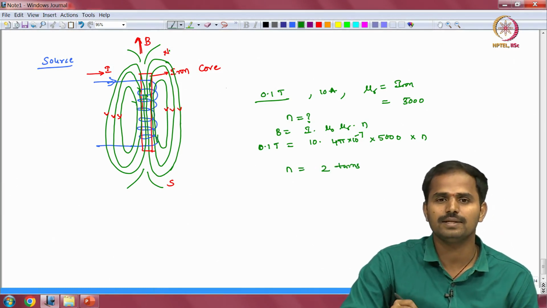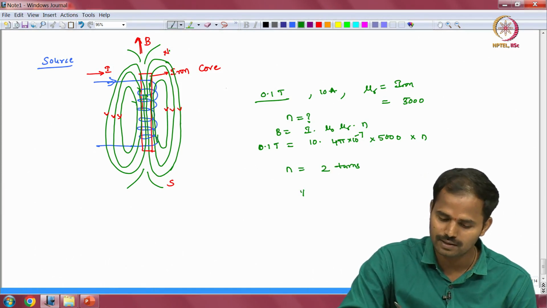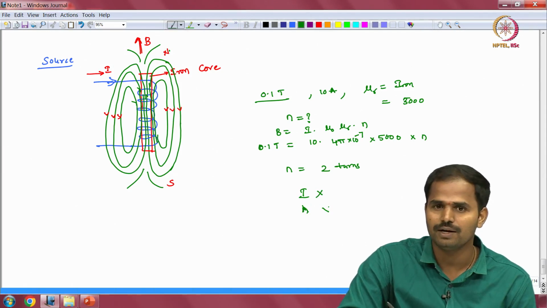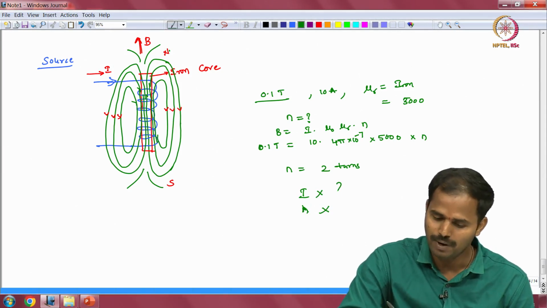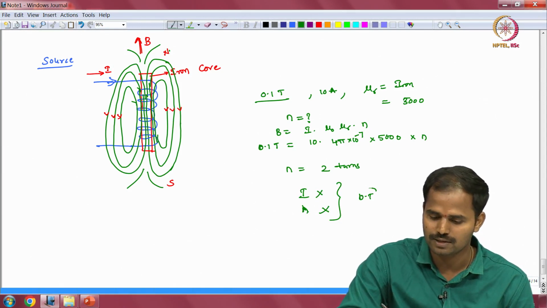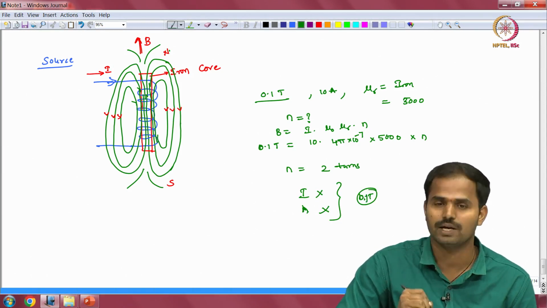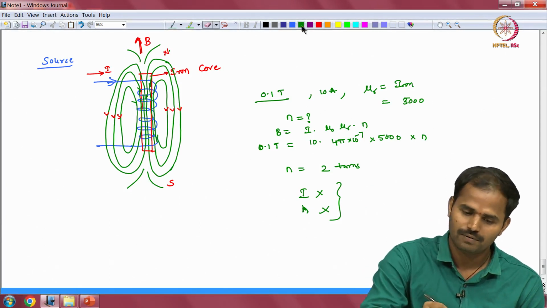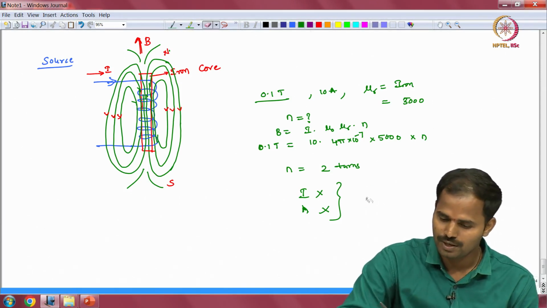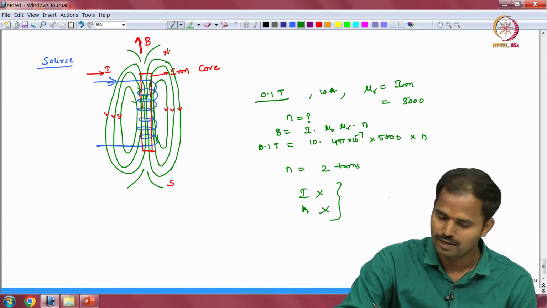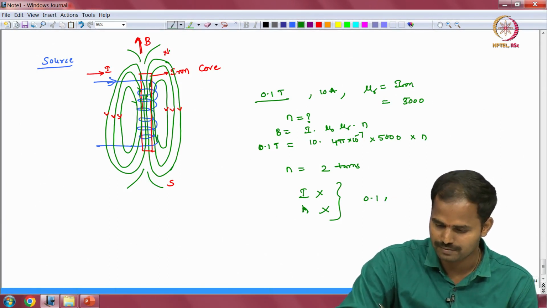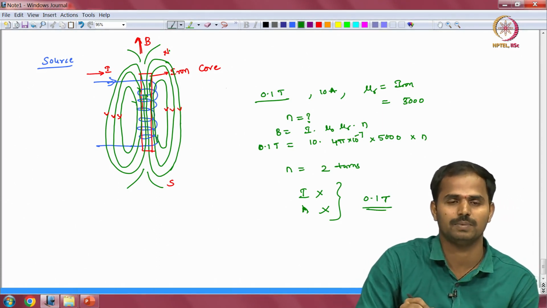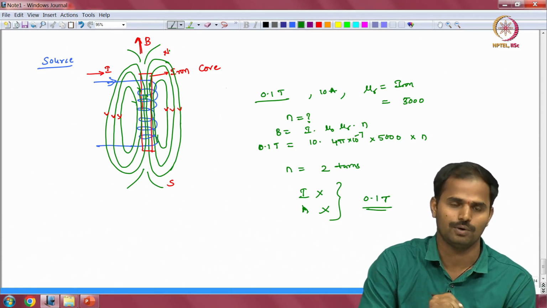So, without increasing the current value and without increasing the number of turns, we are getting the 0.1 Tesla, the required magnetic field. We are achieving the required magnetic field with a small number of turns and lesser magnitude of current. This is the advantage of electromagnets by incorporating the core.